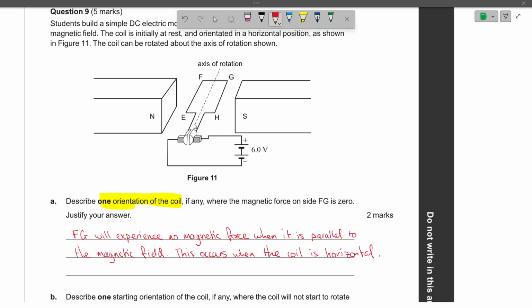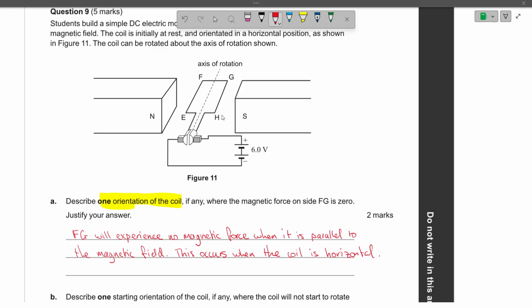If it was vertical, then there would be currents flowing through sides EF and GH. Those currents would be running anti-parallel to one another, so in opposite directions. Both of them would be perpendicular to the magnetic field, but because the currents are running in opposite directions, the forces on each of those currents would be straight up and straight down. You could sort of prove that with your slap rule.